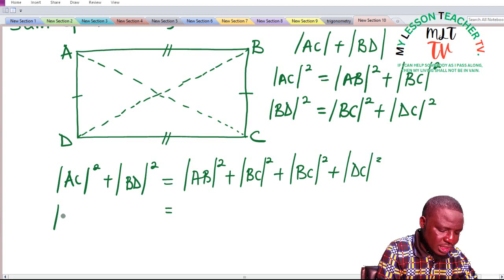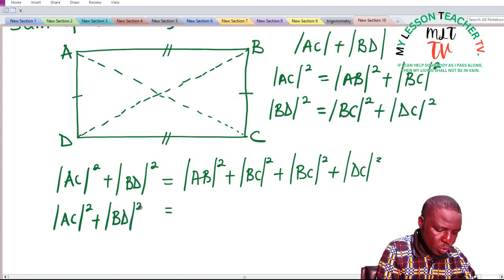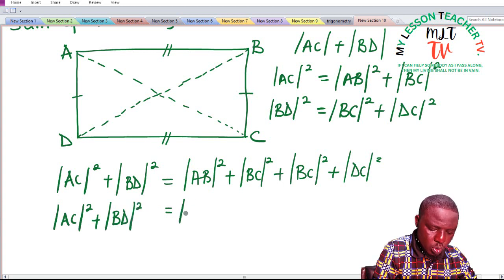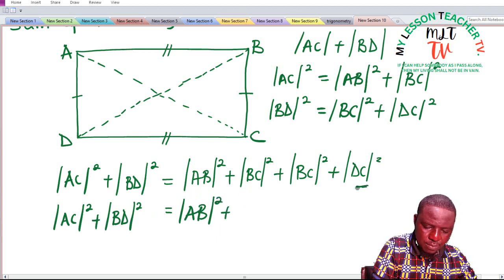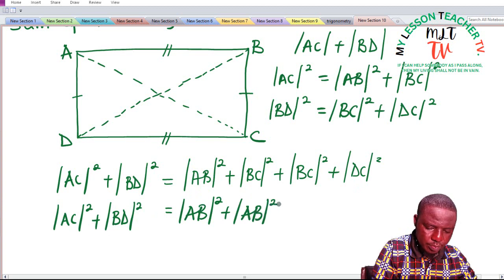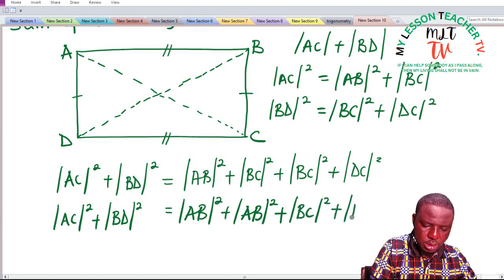So we have AC squared plus BD squared is equal to AB squared plus another AB squared, because this is also AB squared, plus BC squared plus BC squared.